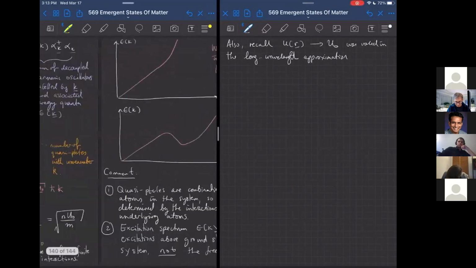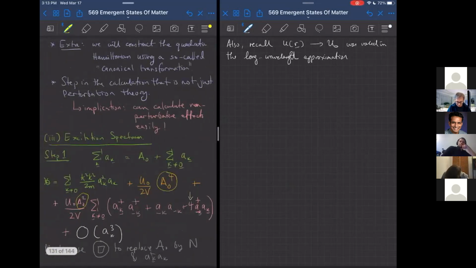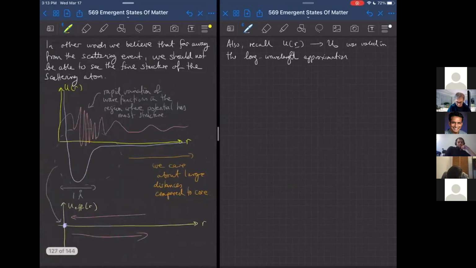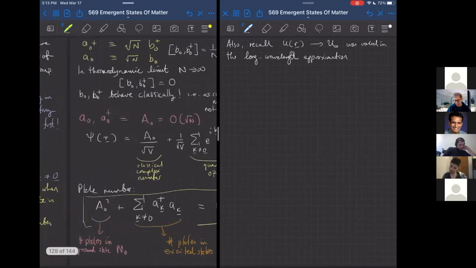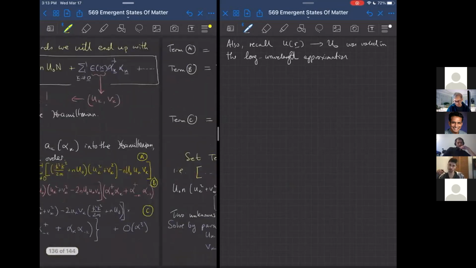And if you remember way back, I drew some picture of the scattering. There we go. What I pointed out to you was that we were essentially replacing all the structure by just looking at the long wavelengths and compressing the potential down into some point.